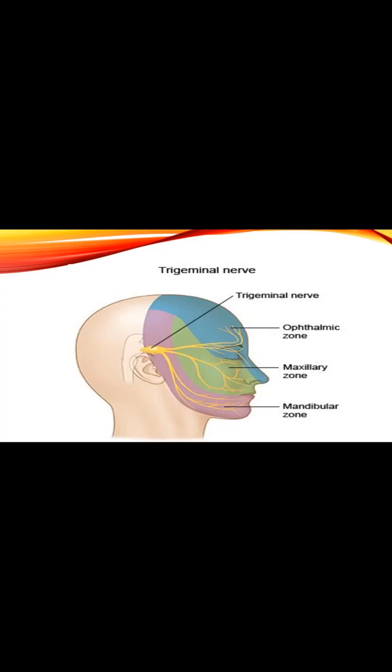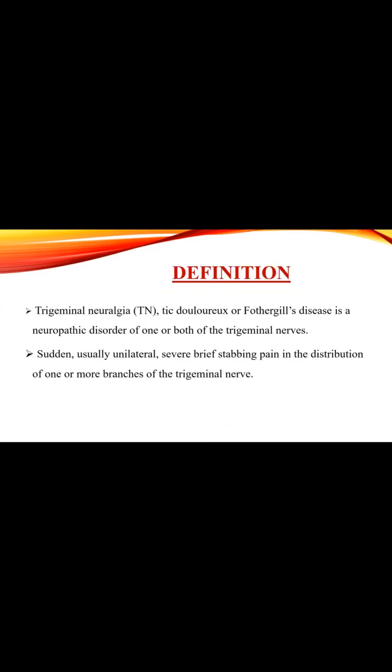Trigeminal neuralgia, which is also known as Tic Douloureux or Fothergill's disease, is a neuropathic disorder of one or more of the trigeminal nerves. Moving on to the definition, it is a sudden, usually unilateral, severe, brief stabbing pain in the distribution of one or more branches of the trigeminal nerve.